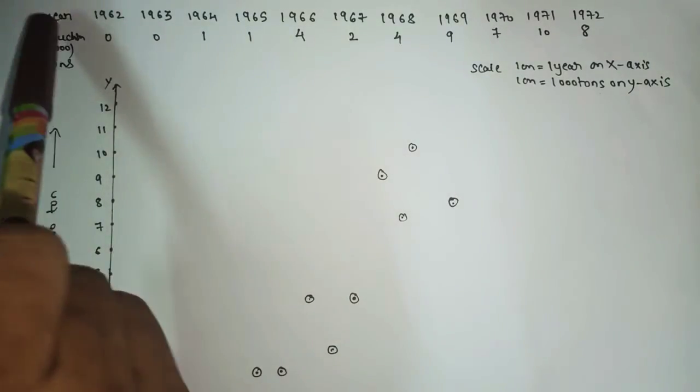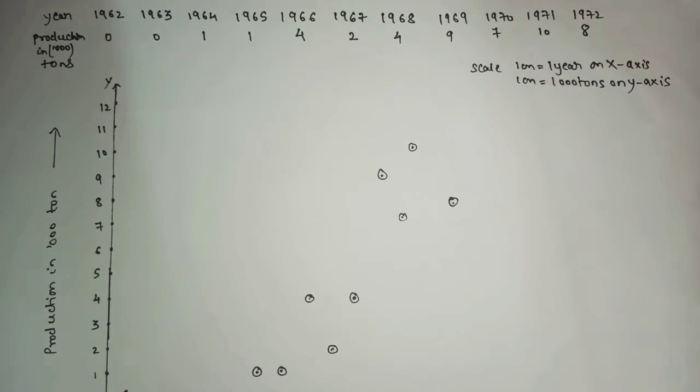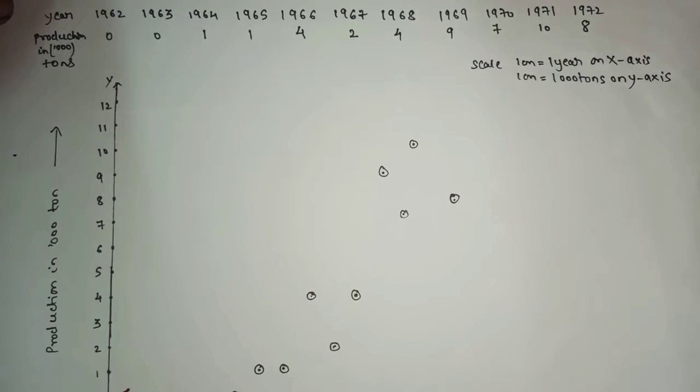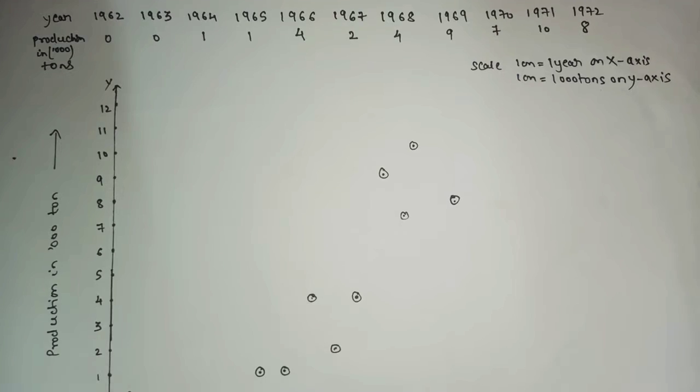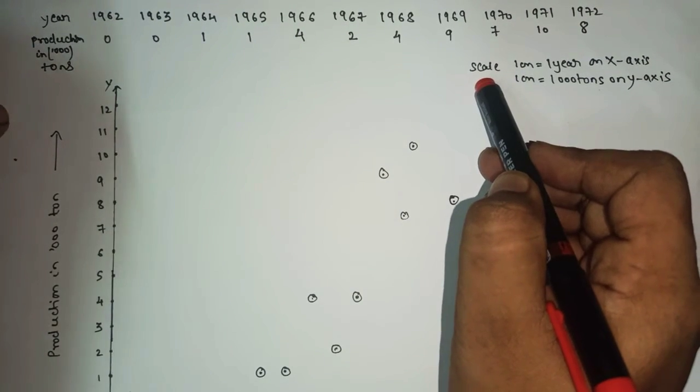In the question we have the year in the first row and in the second row we have production. Now in the board exam, if they provide the graph paper, you will draw the graph on the graph paper, or else you have to draw the graph on the paper itself. On the right hand side you will write the scale.